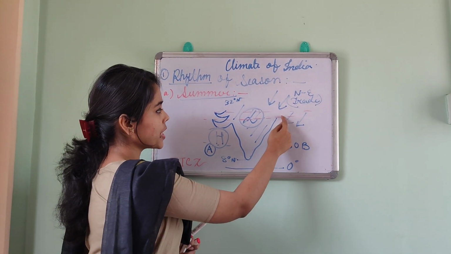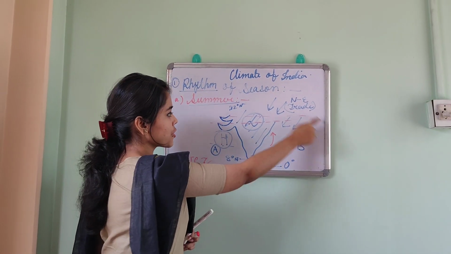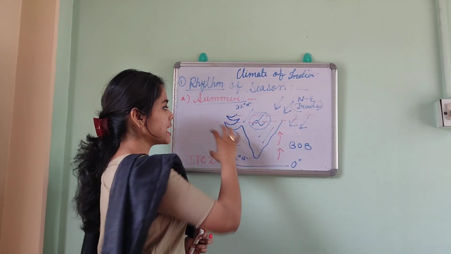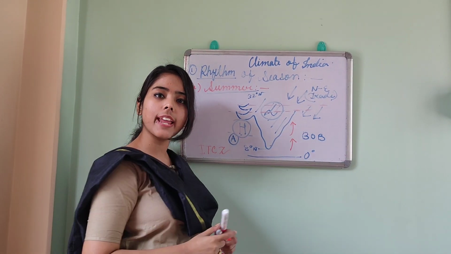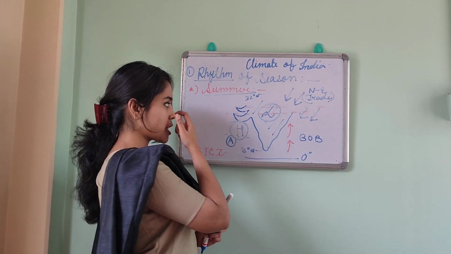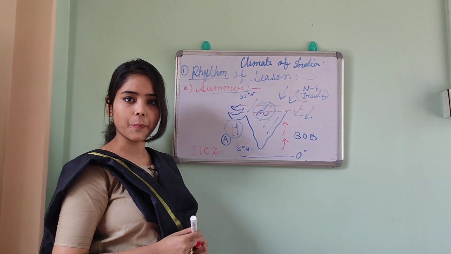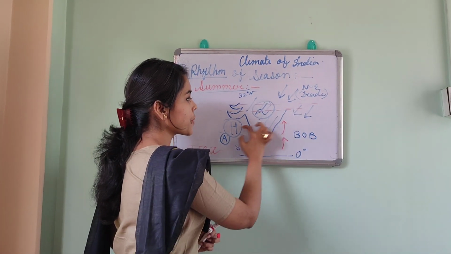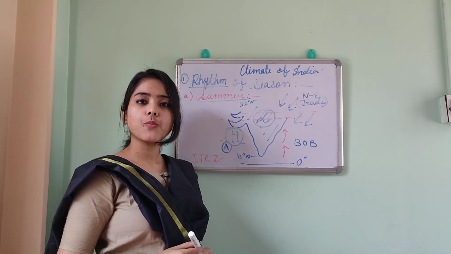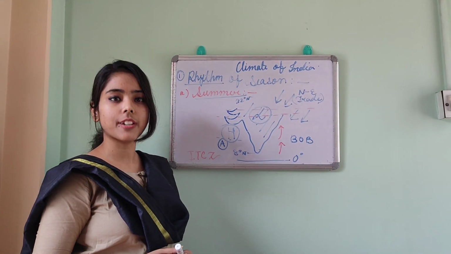When ITCZ moves and covers this region, this whole region, that means the Gangetic Plain, will come under the ITC zone area. That means the pressure will be very low over here. Understood? And when this low pressure belt appears here, it is known as monsoon trough.